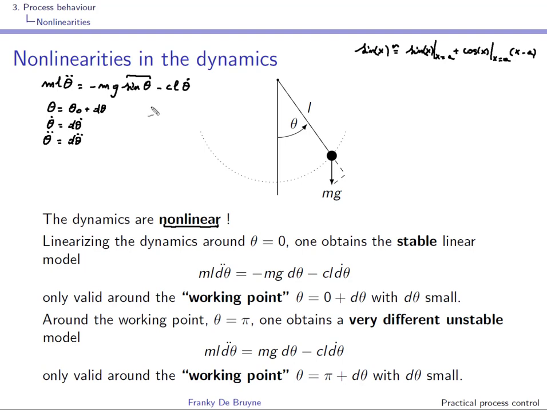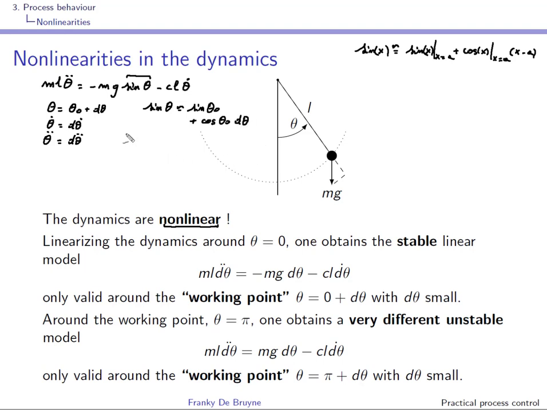So what we can do is look at the sine of theta in the neighborhood of theta 0. This will be sine of theta 0, which is sine theta evaluated at theta 0, plus the derivative, which is a cosine evaluated at theta 0, times theta minus theta 0. So this is d theta.